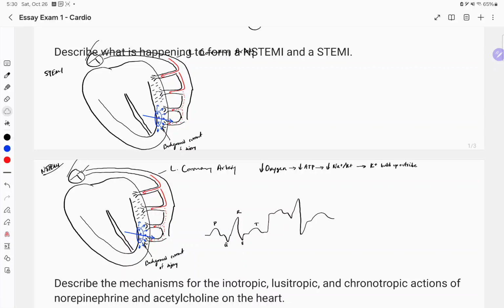So now we'd be looking at a heart that has, I think it would have, let me think for a second.